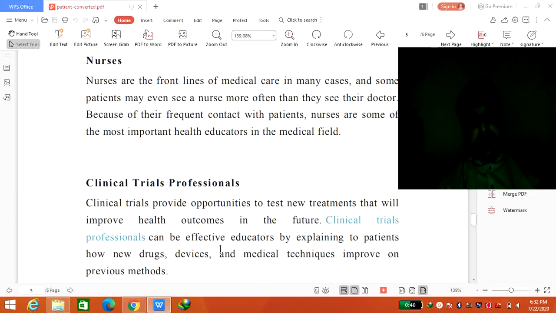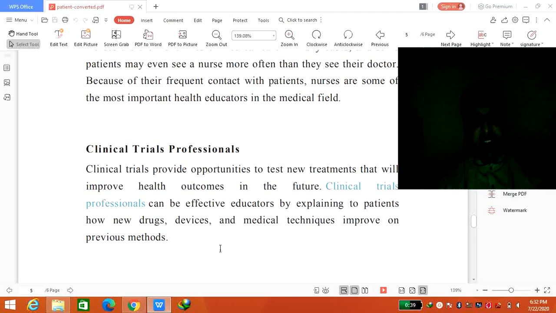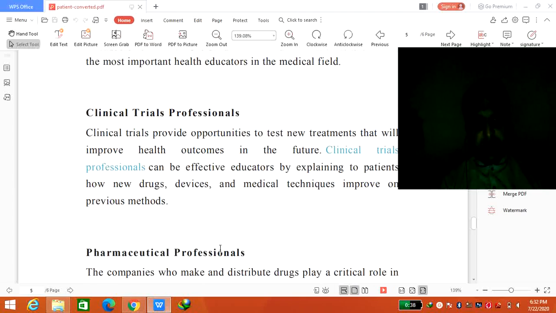Nurses, of course. Most of the time, patients spend the most time with nurses, so nurses should share the information in a very good way, in a very good environment especially. And there is the clinical trial professional. Sometimes we have some patients in a trial, and they should share the information that this is for the better interest of the patient.